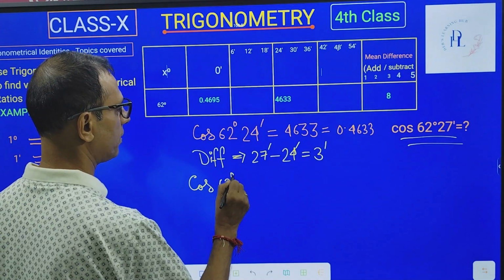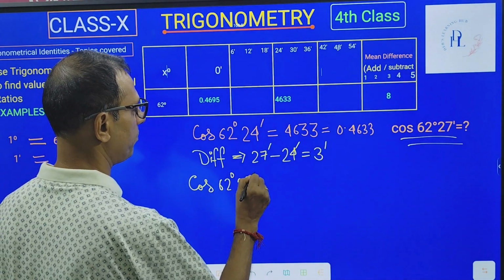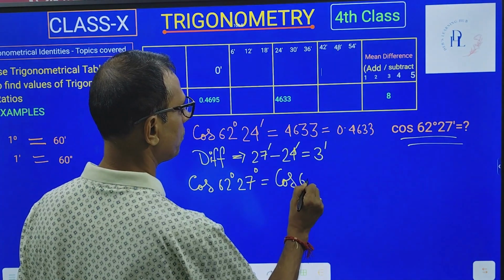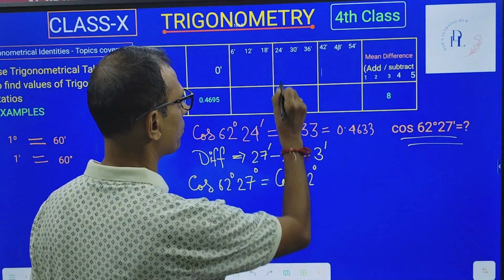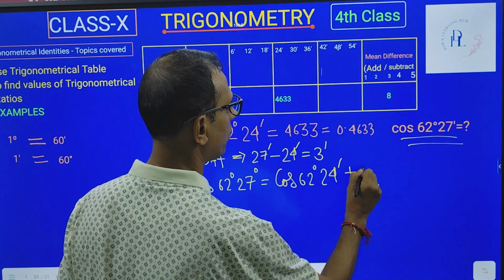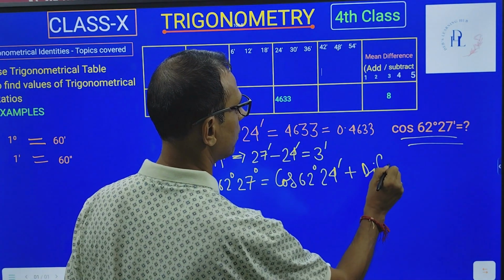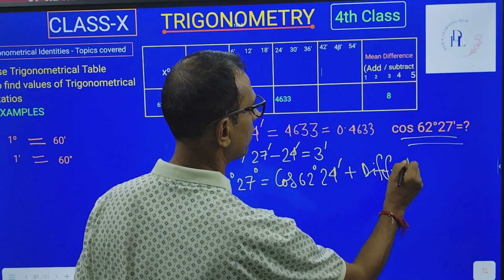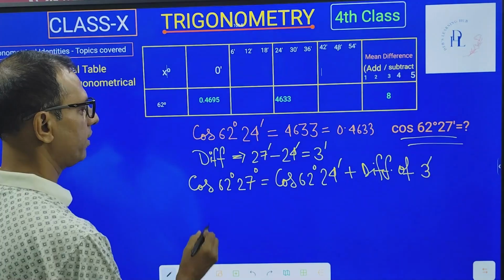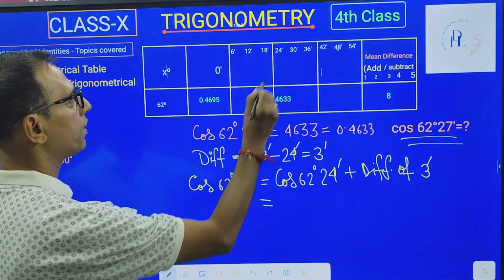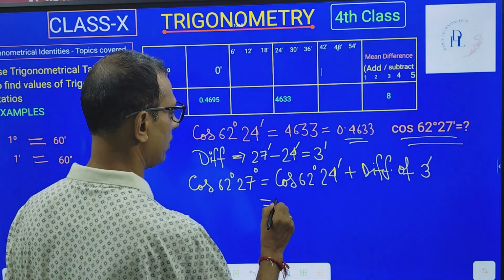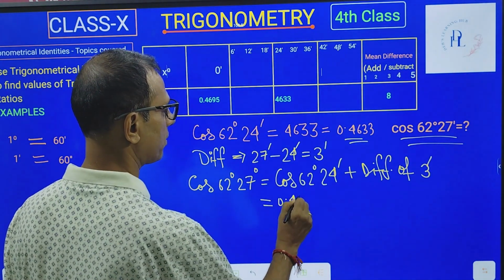So cos of 62 degree 27 minute means cos of 62 degree 24 minute, that is given, plus the value of that difference of 3 minute, right? Cos of 62 degree 24 minute, the value is 0.4633.